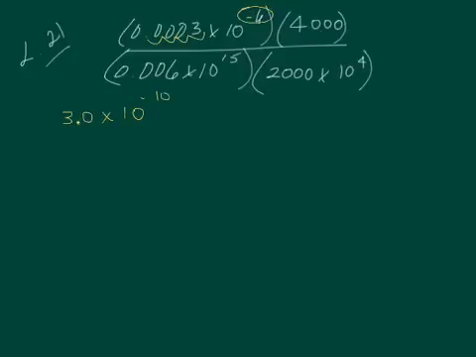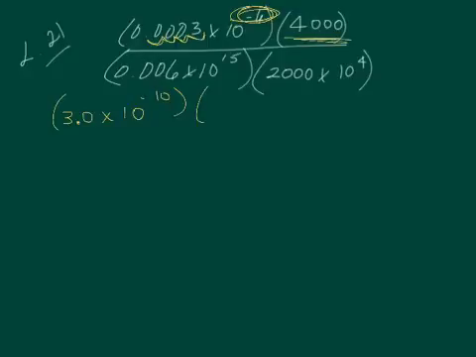So that gives us 10 to the negative 10th, because negative 6 minus another 4, because it's going to the right, is going to give us 10 to the negative 10th. That's what gets confusing. Is it plus 4 or is it minus 4? If you're moving the decimal to the right, it's going to be a minus. So we're going to subtract 4 from negative 6 and get negative 10.